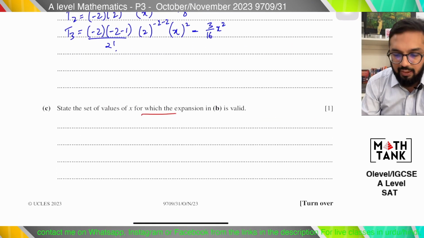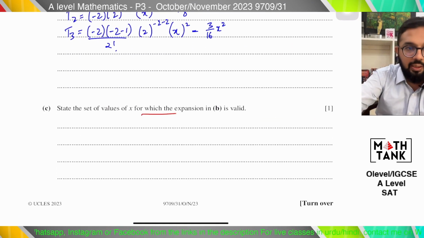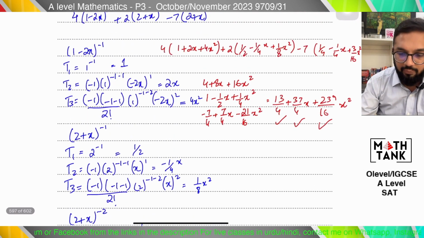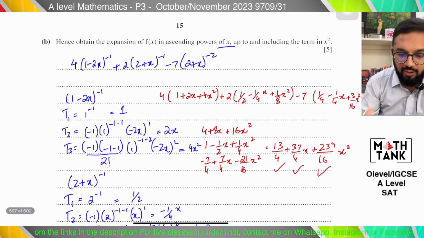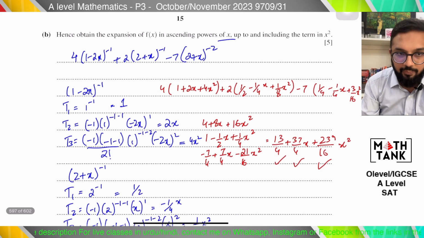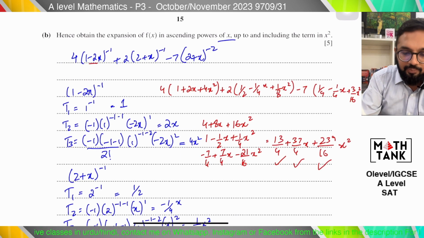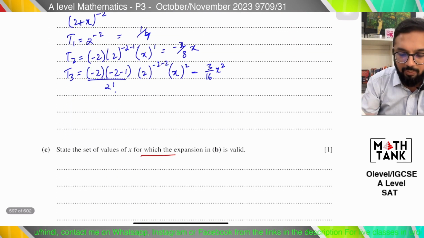State the set of values of x for which the expansion in B is valid. Remember that for the expansion to be valid, you have to check every bracket. For this bracket, the expansion will be valid for modulus of x is less than half.